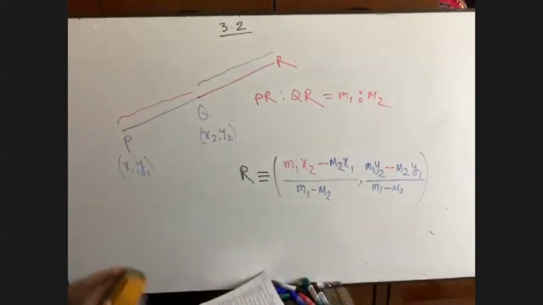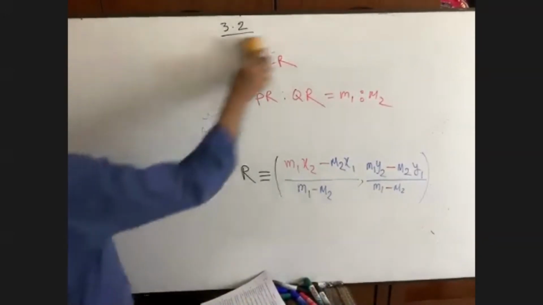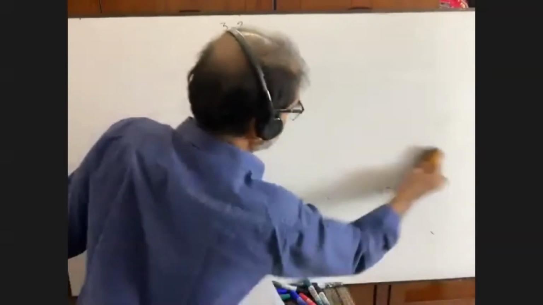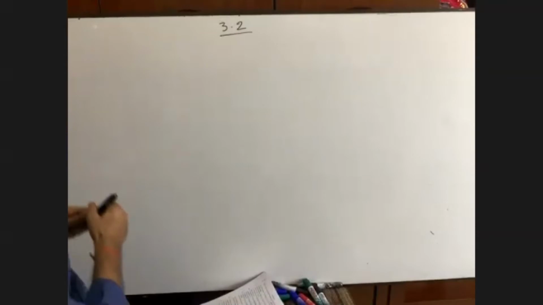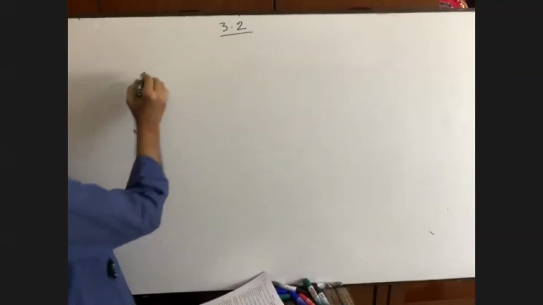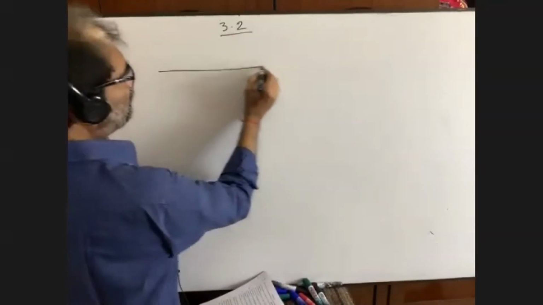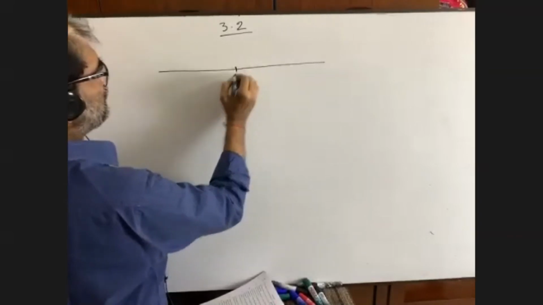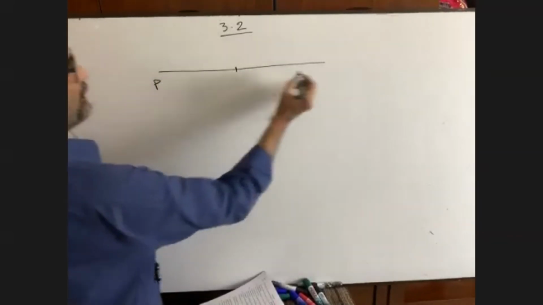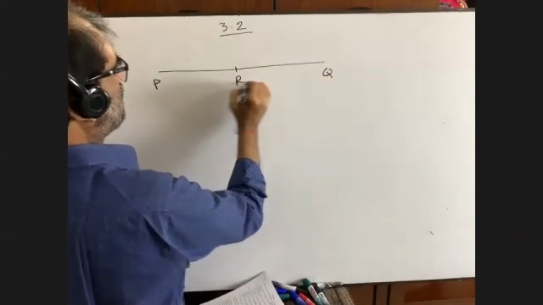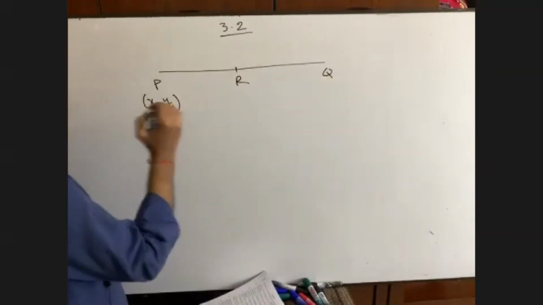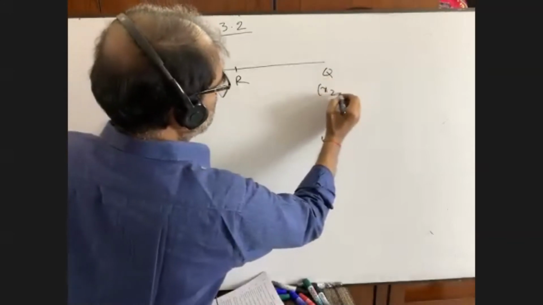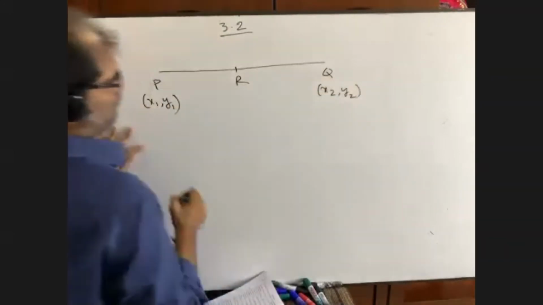Now you see what we are getting now. Suppose, again I'm doing, this is P, this is Q, this is R. It is X1, Y1, and this is X2, Y2.